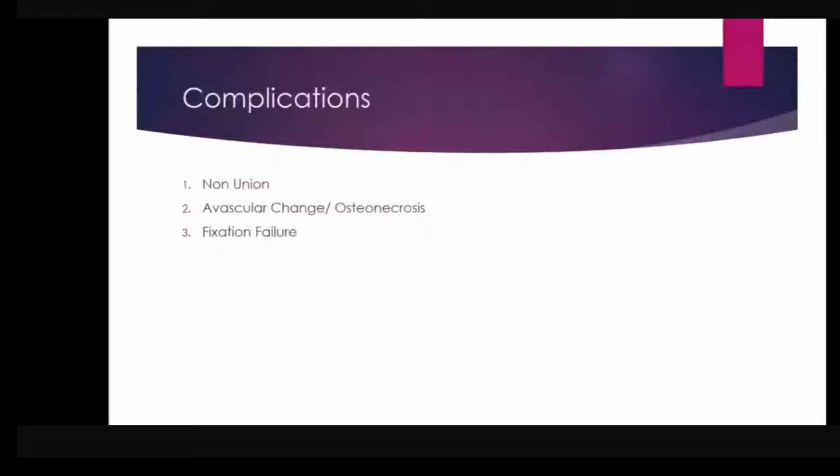Whenever there is an injury, there are two chances. This blood supply will be cut off. Another is the tamponade effect. The fracture is within the capsule, and the hematoma will impede further circulation. That is a compartment-like syndrome. So the blood supply will be stripped off and the femoral head will become avascular, and later osteonecrosis will occur.